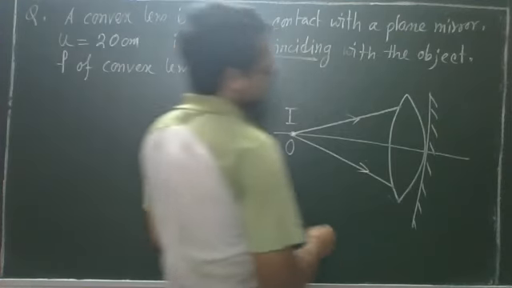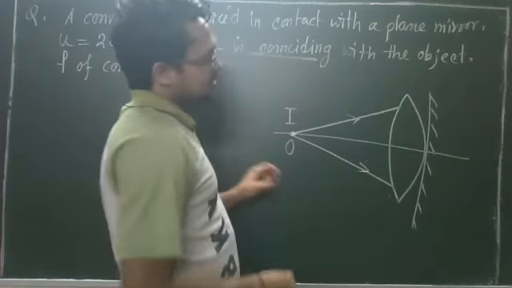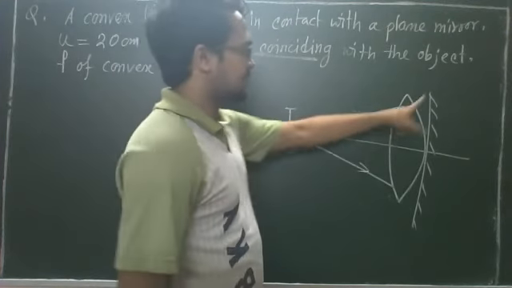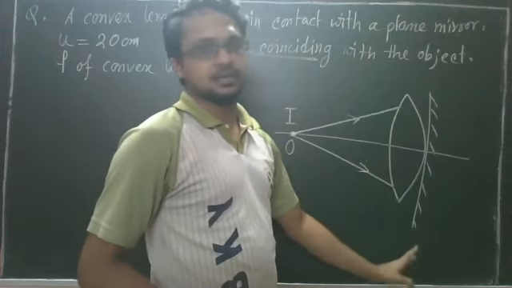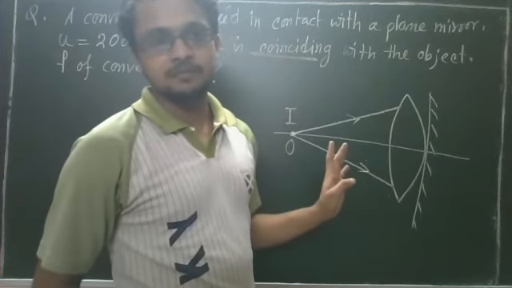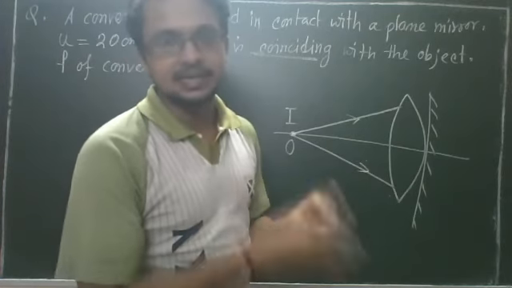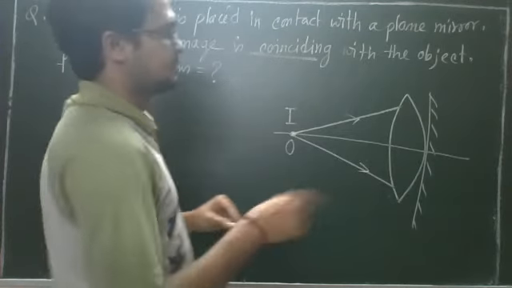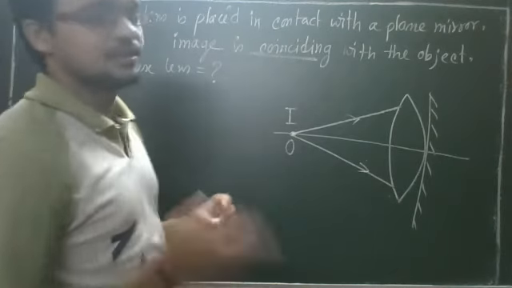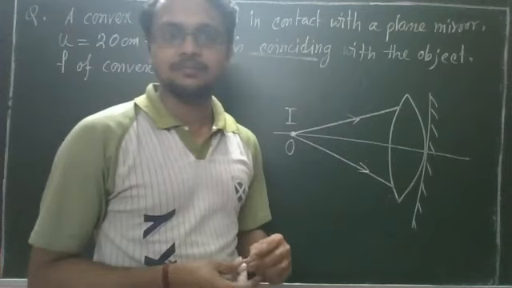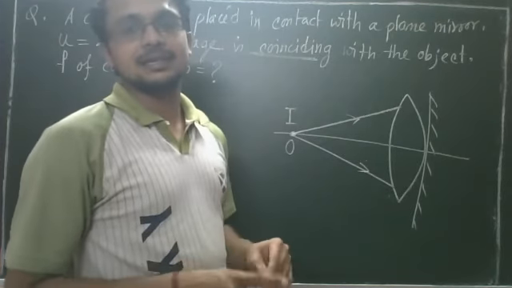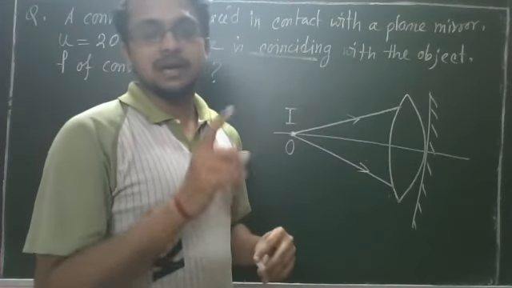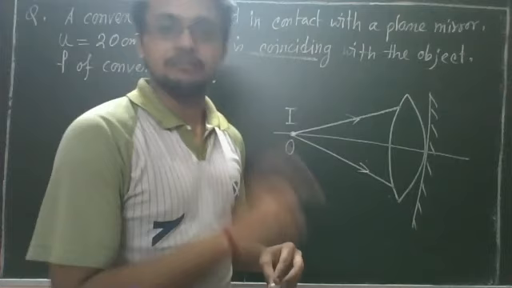So here when these rays after reflecting from the plane mirror take the same path, incident ray and reflected ray coincide. In which case will you get this? When the rays are incident perpendicularly to the plane mirror.